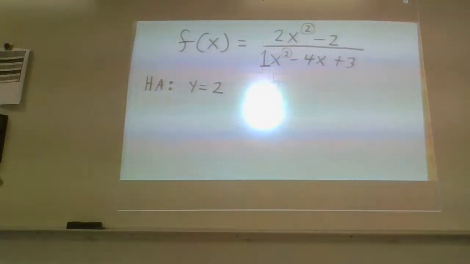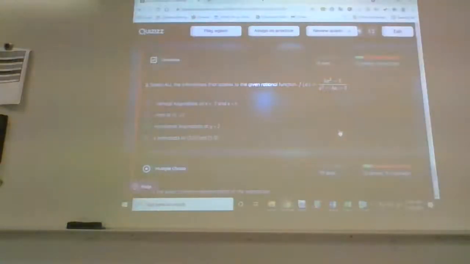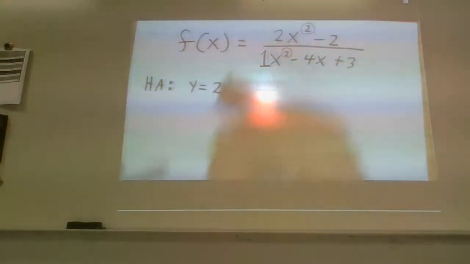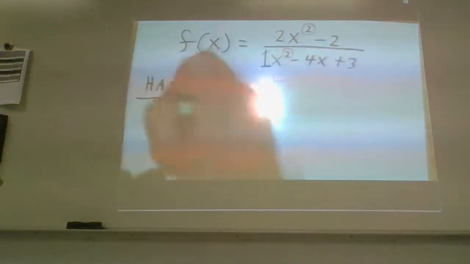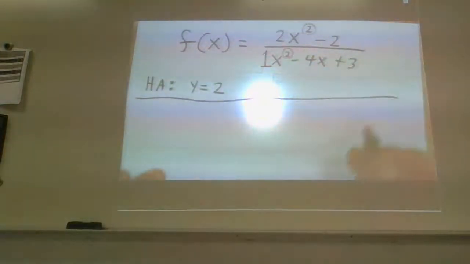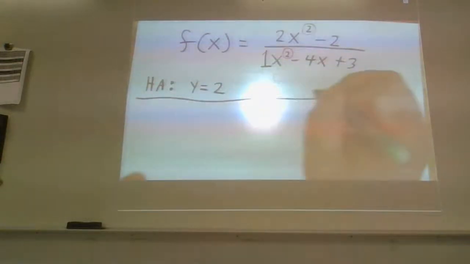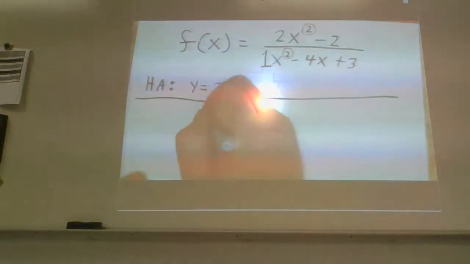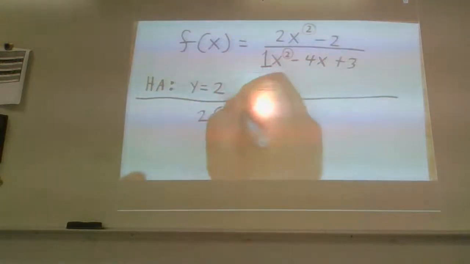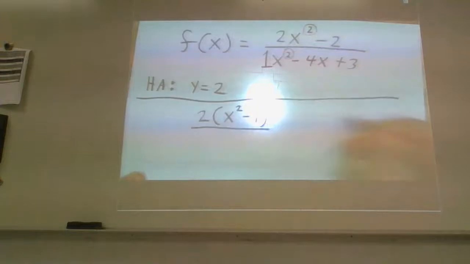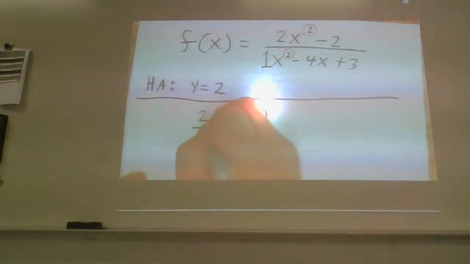What are some of the other things they want me to identify? Vertical, hole, x-intercept. Okay, then I got to factor. I have to factor this sucker. My horizontal asymptote is indeed at y equals 2, but I have to factor this thing. I'm going to take a 2 out of the numerator because that is a greatest common factor of the numerator.